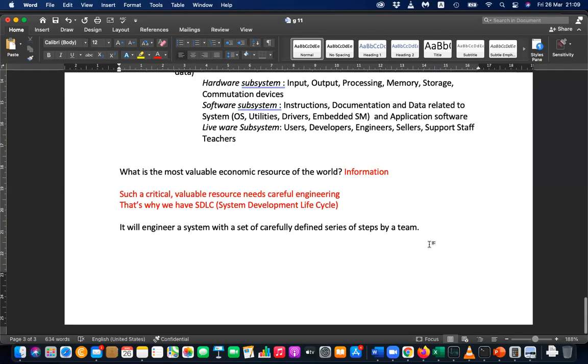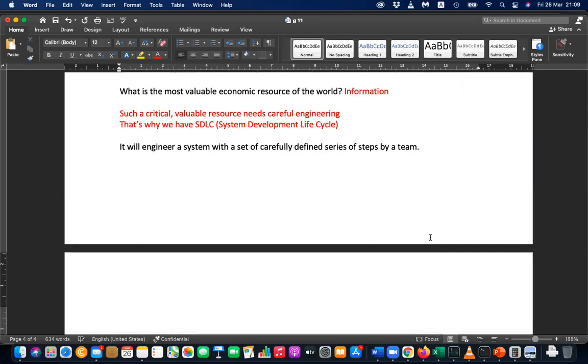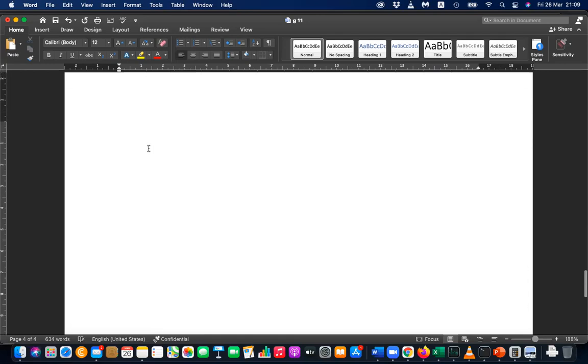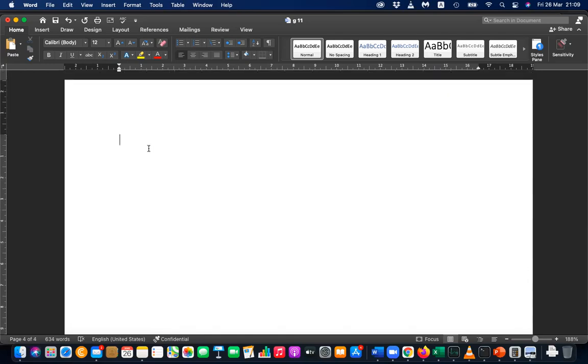Steps of SDLC. I'm going to add a few steps, so you can refer to the book content when you're writing for the exam. You can just write the book content, that is enough. But I'm going to add a few more steps. The first one is requirement analysis.